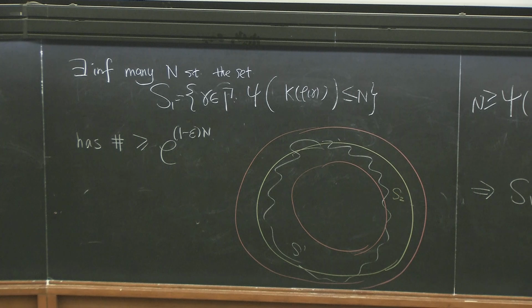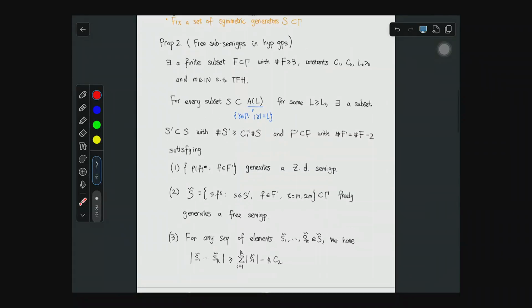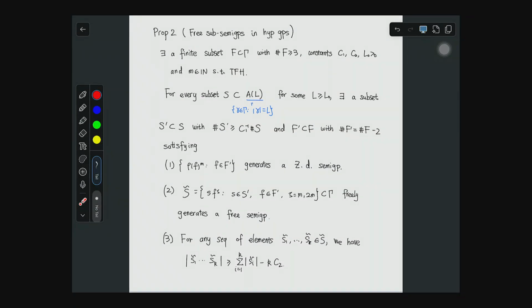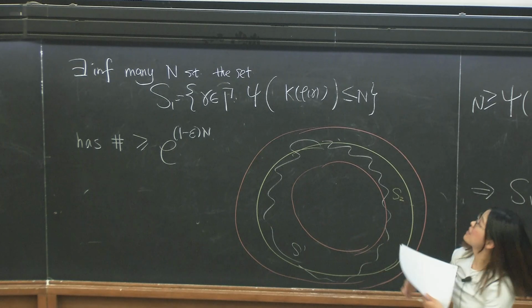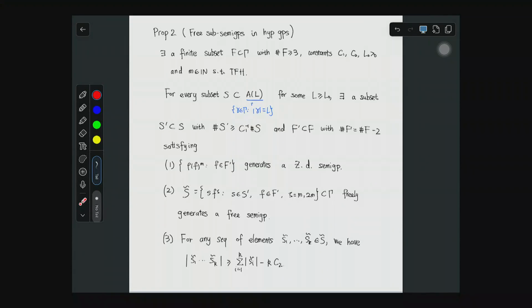Okay, and so now once I have an annulus, I will keep applying the construction of large free subgroup to this S2, this annulus. I just copy and paste what I get.